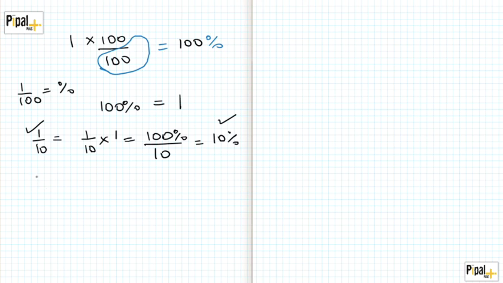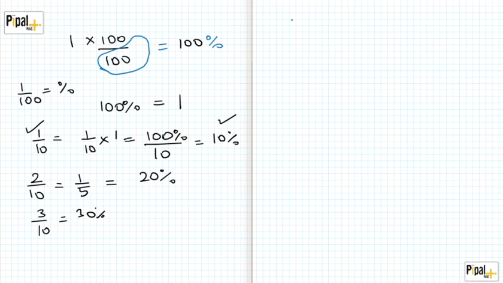Likewise, the number 2 upon 10 is nothing but 1 by 5, and it is equal to 20%, and so on. So 3 upon 10 is 30%, 4 upon 10 is 40%, and so on, right? So all of these numbers divided by 10, they follow the 10%, 20%, 30% percentage sequence.